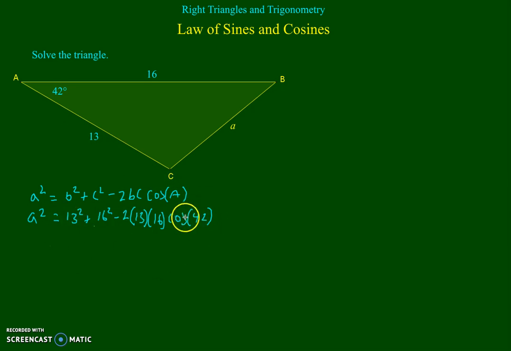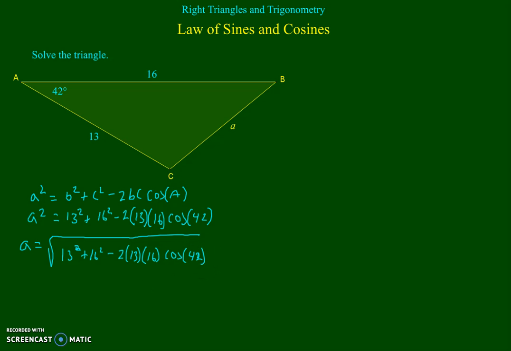Now this is a fairly straightforward calculation that we can do, but before we do that, we're just going to take the square root of both sides. So A equals the square root of this whole thing: 13 squared plus 16 squared minus 2 times 13 times 16 cosine 42.